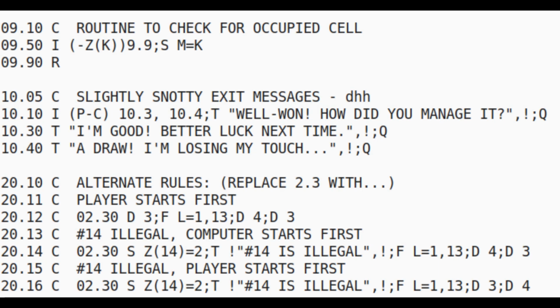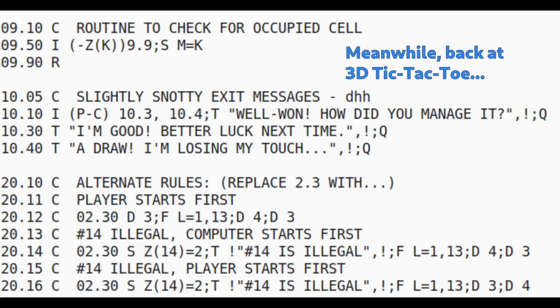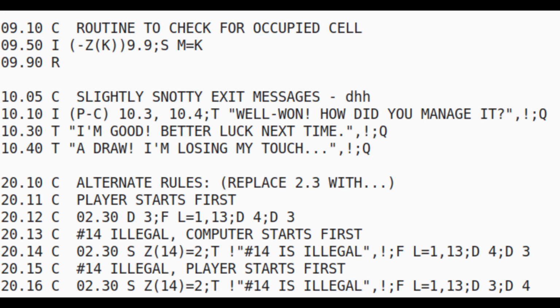The author, who is Leonard Furtuk, came up with some alternate rules because when the computer goes first and it picks the center square in the center board, it will always win. It cannot be beaten. So he has some alternate starting rules to give you a fighting chance.